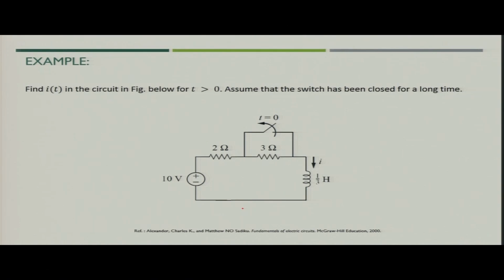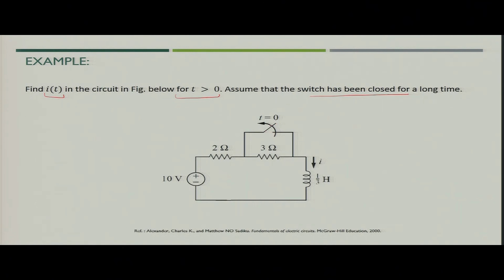Now, let us take one example to understand the step response of an RL circuit. Let us say that we need to find the value of I(t) in the figure for time t greater than 0. We assume that the switch has been closed for a long time and it was just opened at time t equal to 0.